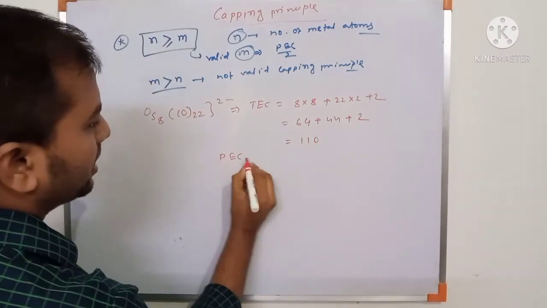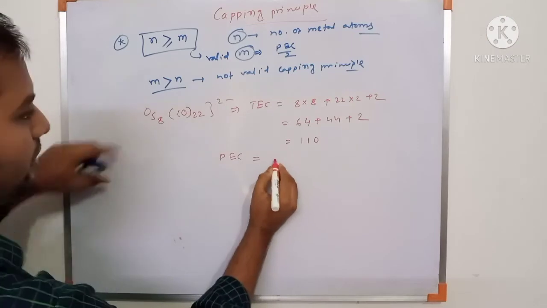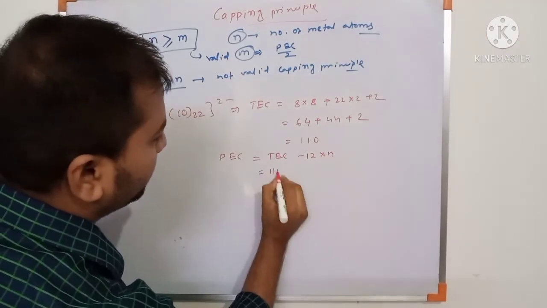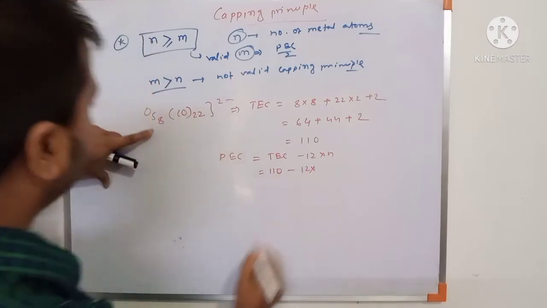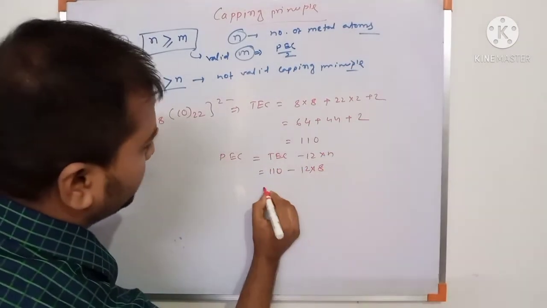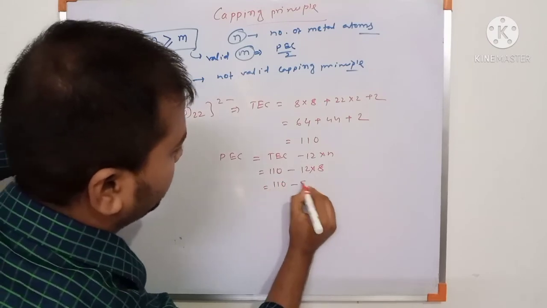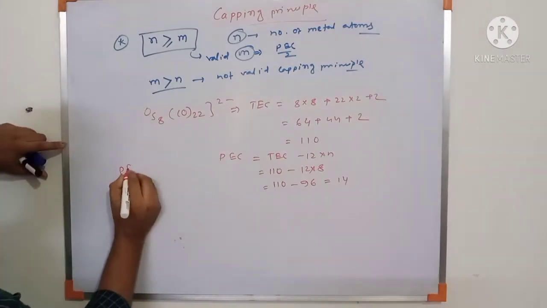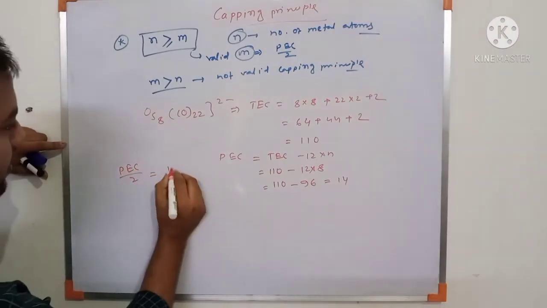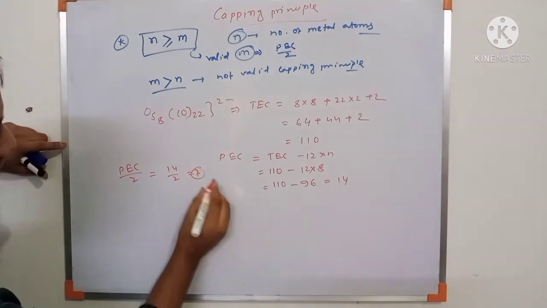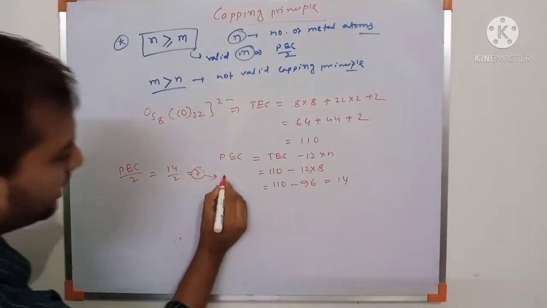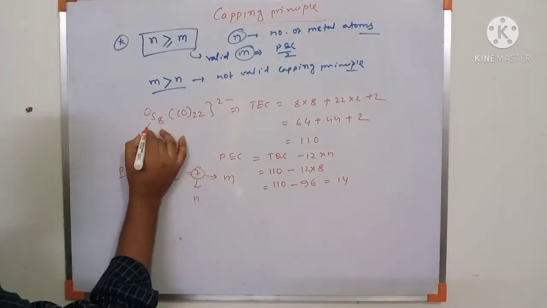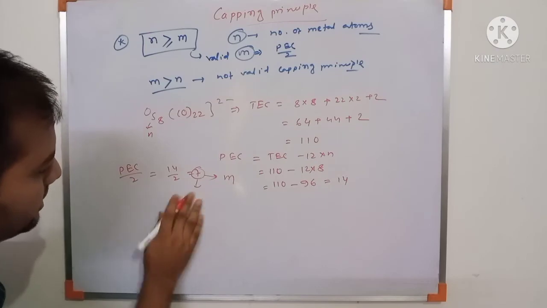Polyhedral electron count equals total electron count minus 12 into N, so 110 minus 96 equal to 14. Polyhedral electron count by 2 equal to 14 by 2 equal to 7. So 7 is the M value, and N is 8.